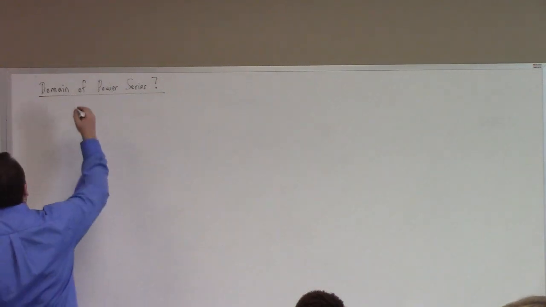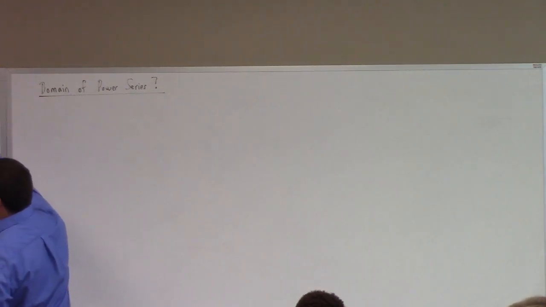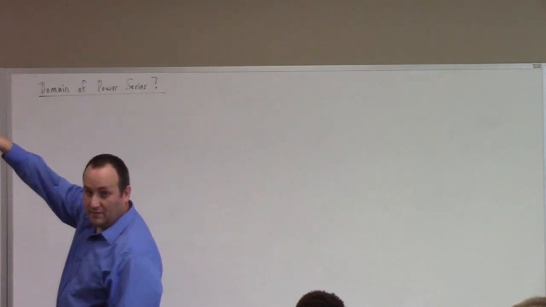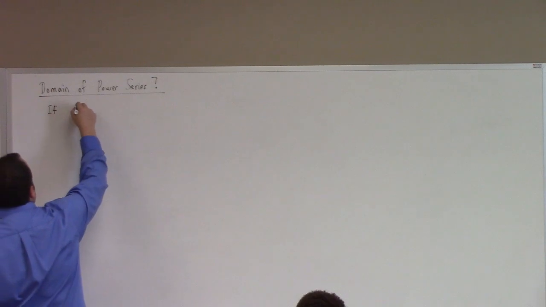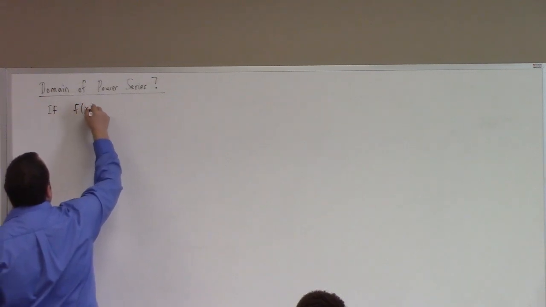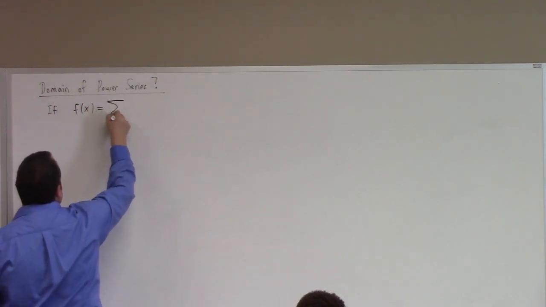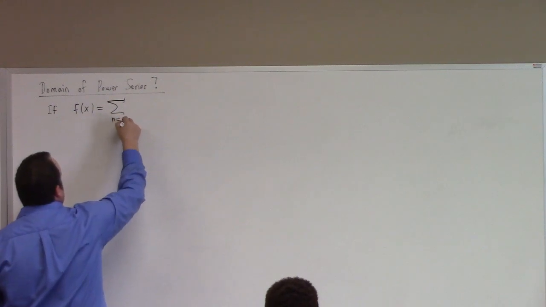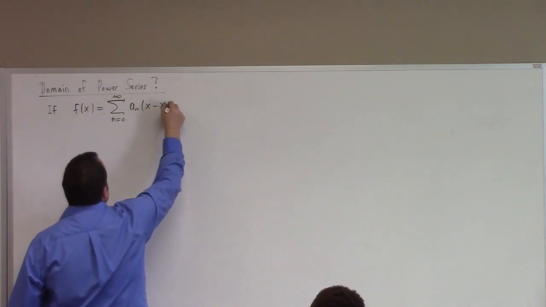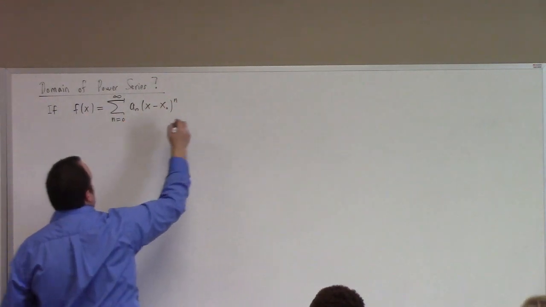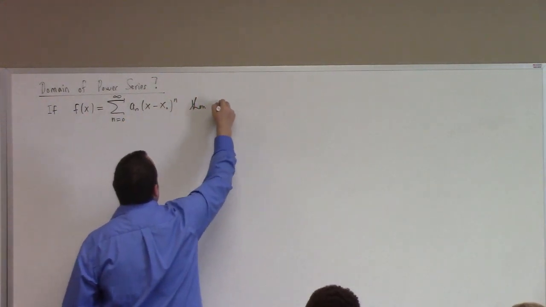How about this? Let me continue to work with that same f. If f of x is equal to the sum, n equals 0 to infinity, of a sub n (x minus x naught) to the n, then what's f of x naught?